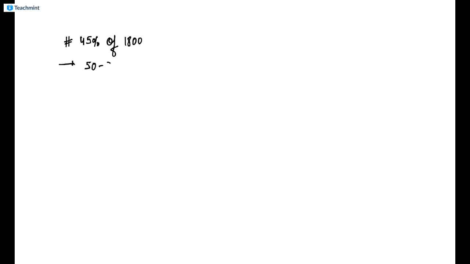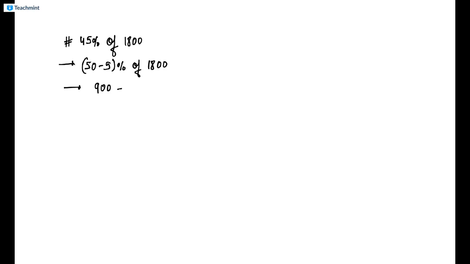Like 50% minus 5% will be 45% of 1800. Is it clear? 100% will be 1800. 50% will be its half, it's 900. What will be the 5%? You have to subtract. What will be the 5% of 1800? It will be the 10% divided by 2. What will be the 10%?